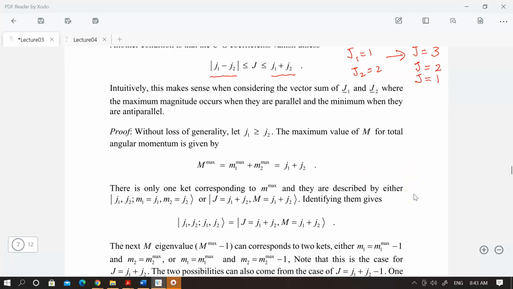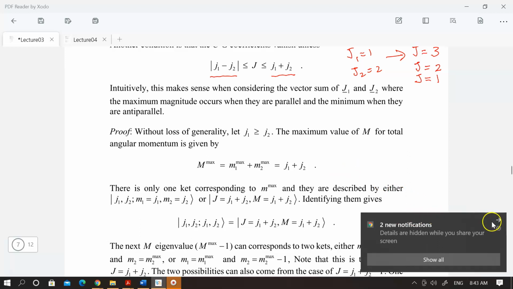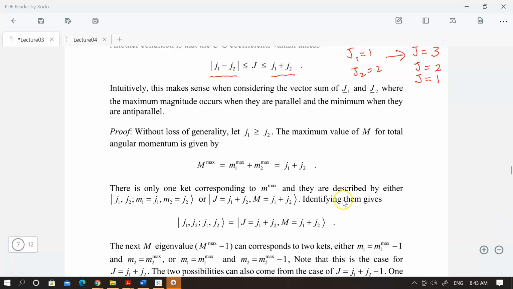The next step is to go lower. Of course, the other thing that we should also have mentioned is that M max must correspond to the J value. In other words, if M max is J1 plus J2, then your J has to be J1 plus J2.